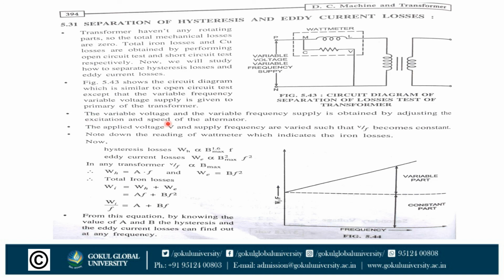Now the variable voltage and variable frequency supply is obtained by adjusting the excitation and speed of the alternator. Now the applied voltage V and supply frequency F are varied such that the V by F ratio remains constant. So note down the reading of the wattmeter, which indicates the iron loss.